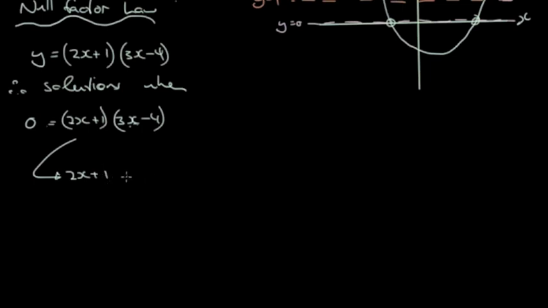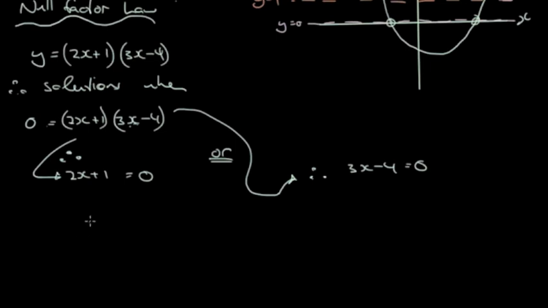So the null factor law will say 2x plus 1 equals 0, or 3x minus 4 equals 0. If we just minus 1 from both sides, we've got 2x equals negative 1, divide both sides by 2, x equals negative 1 on 2, equals negative 0.5, to put it another way.